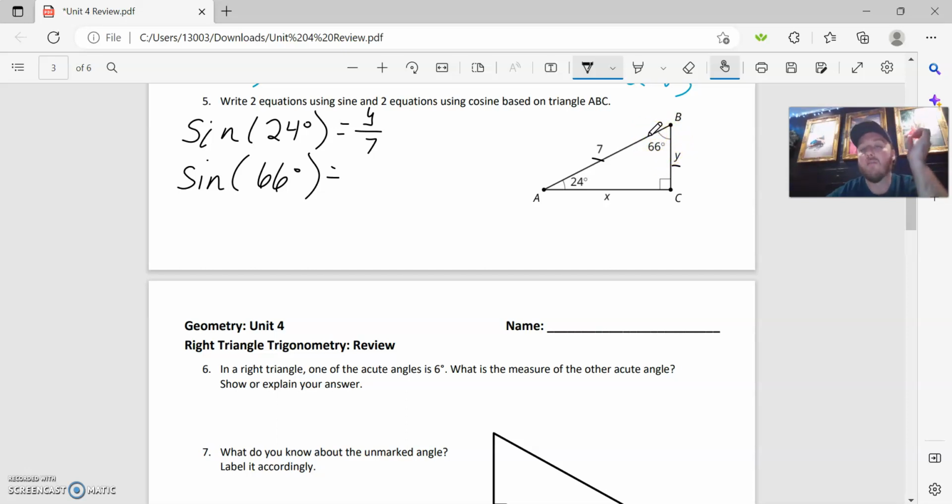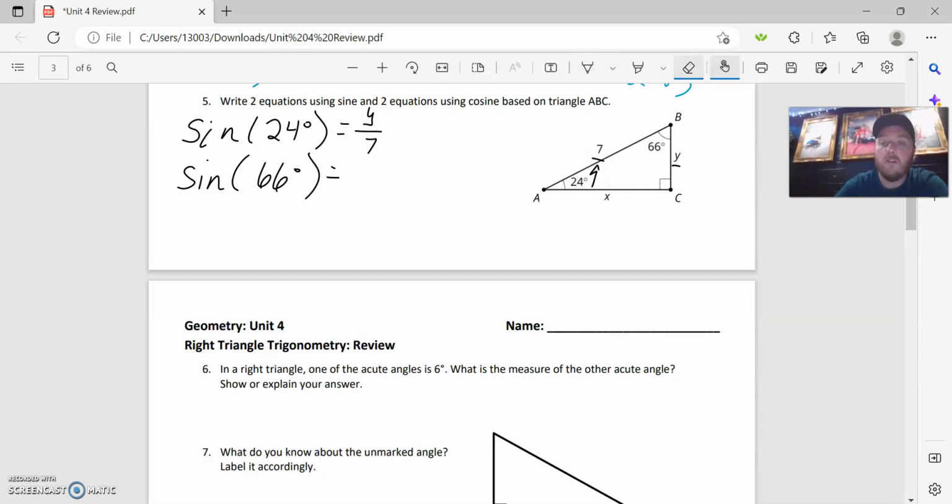Before we can write the ratio for sine of an angle, we have to know what angle we're referring to. So the reference of 24 degrees means that once we've locked in 24 degrees as the angle we're working with, then we go across and we say that the y is the opposite and the 7 is the hypotenuse.